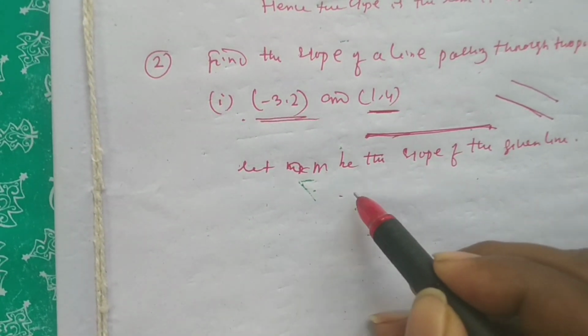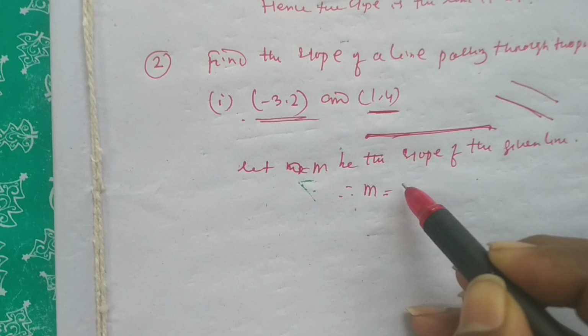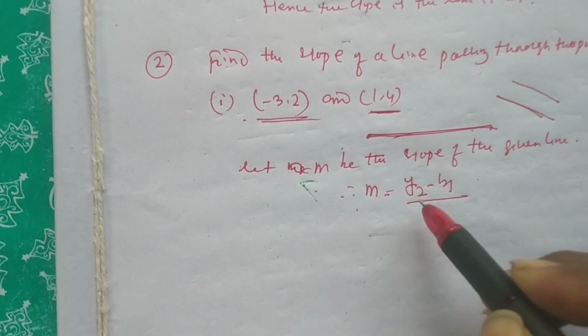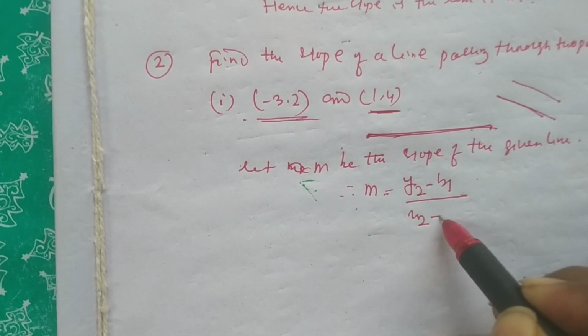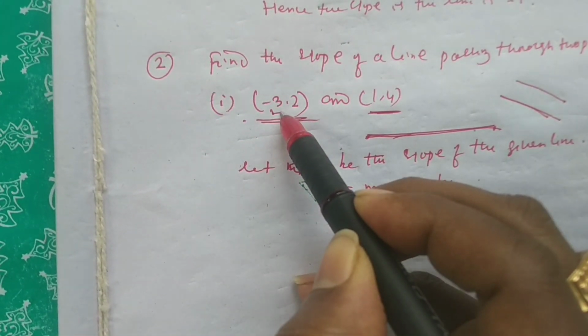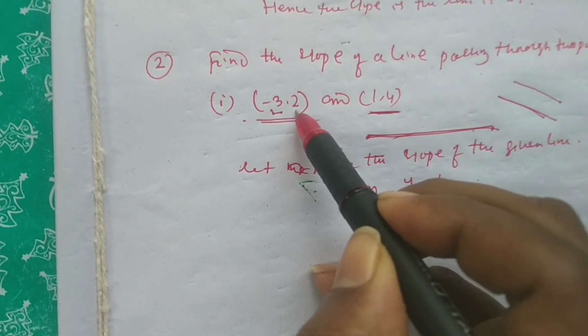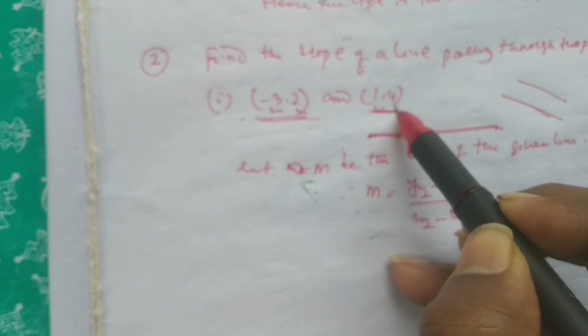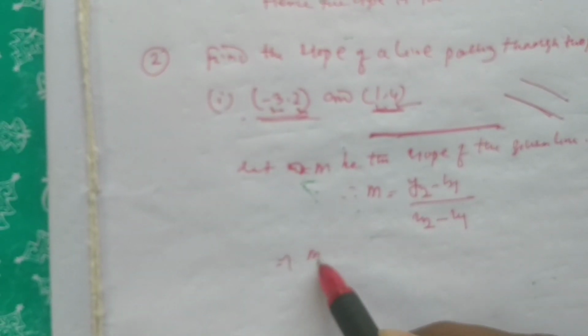The formula is m is equal to y2 minus y1 by x2 minus x1, so we take x1, y1, x2, y2.